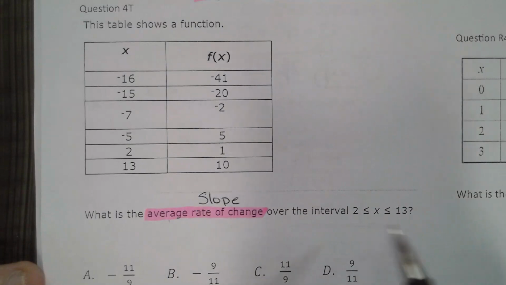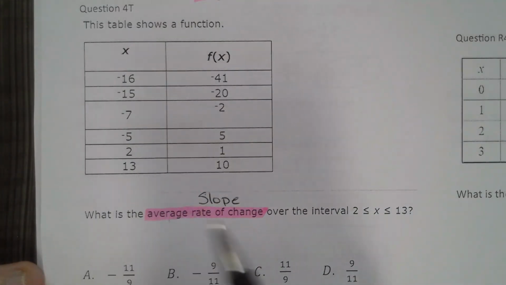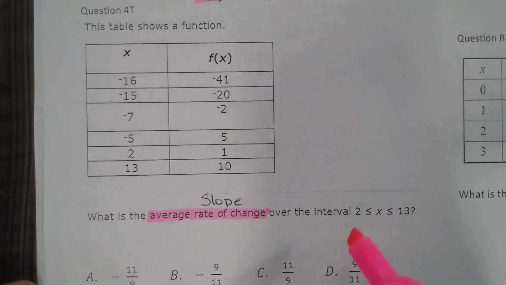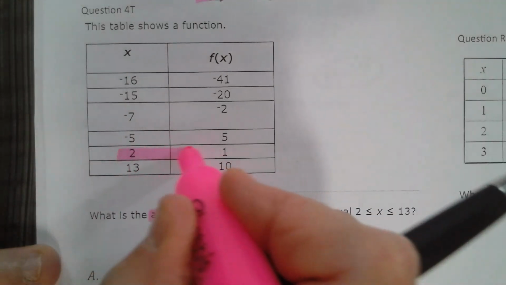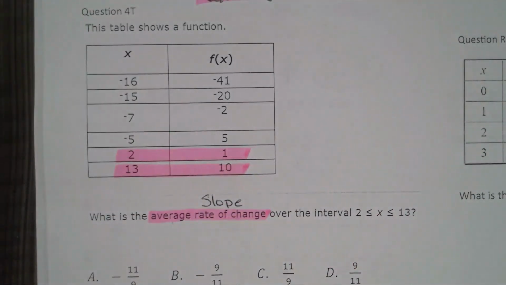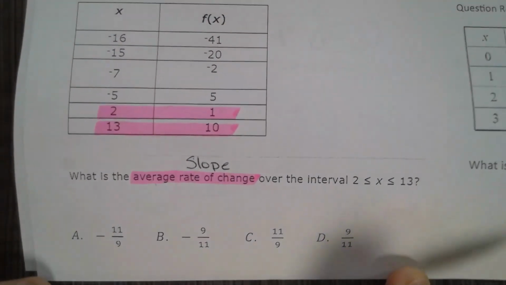So they actually have to specify where we want to find the slope, and it's actually the average taken over this interval. So they are specifying for us to find the slope where x is 2 and x is 13. So they're giving us the ordered pairs to use to find the slope.